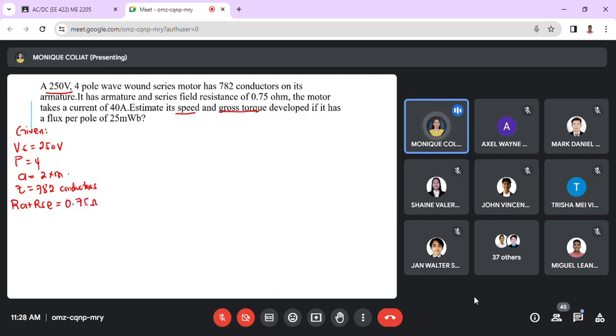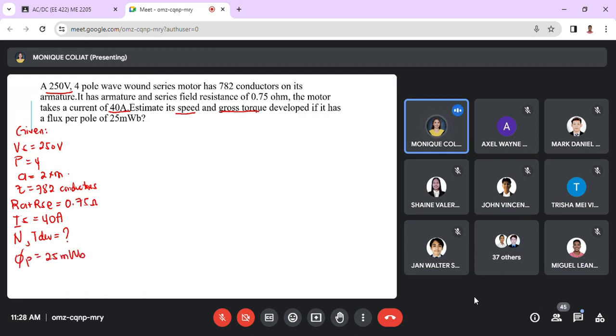Takes a current. Okay, so yung motor daw, nagtitake ng current, that means, itong current na to ay ibinibigay. So, ibig sabihin siya yung source. That means IS, the source current, which is 40 ampere. Estimate its speed and gross torque. So, N, gross torque developed, or TDEV. That is your unknown. If your flux per pole is 25 milliweber.